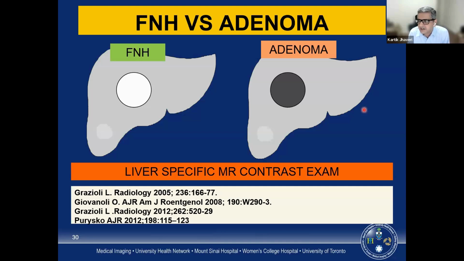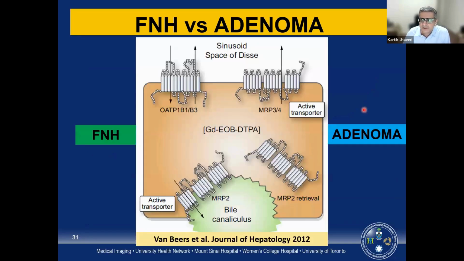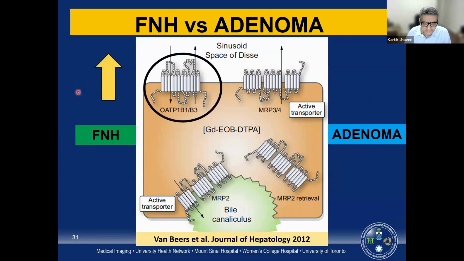This explanation is kind of accurate, but is not really the real reason why this particular phenomenon happens. And the real reason is at a molecular level. So if we look at this hepatocyte with those receptors that I mentioned at the introduction of my lecture, in a lesion such as FNH, there is an overexpression of these OATP receptors, and therefore there is an increased amount of contrast getting into the hepatocyte and then getting excreted into those unconnected bile channels.